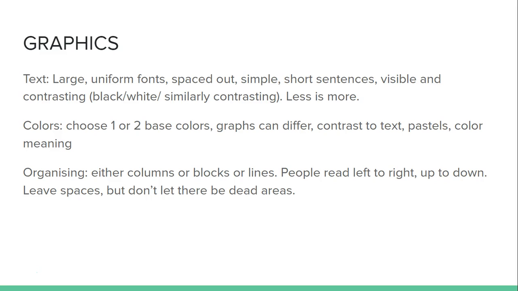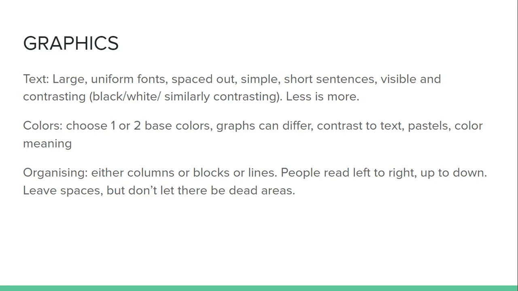Colors. You should choose 1 or 2 base colors, and that is going to be your color scheme. Your color can have meaning. For instance, if you're writing about water, choose a blue color, and that's going to be your base. Or if you're writing about something violent, then choosing a sort of red shade and making that your color scheme.